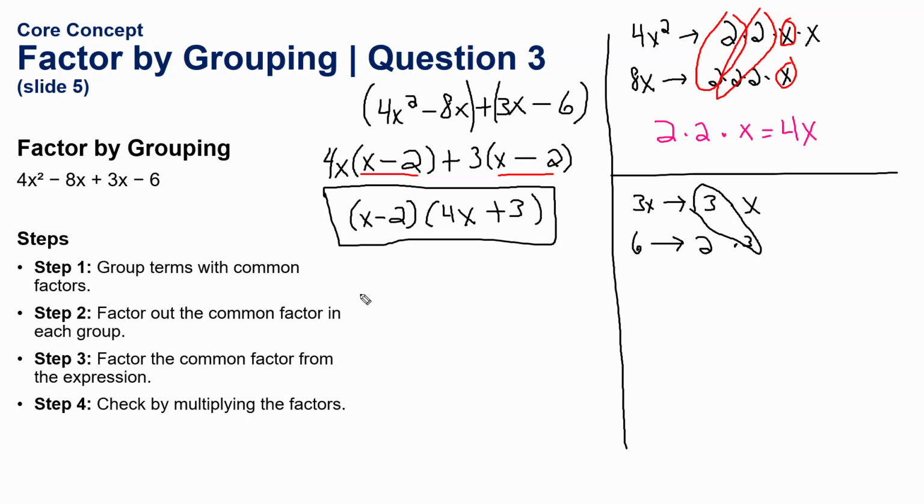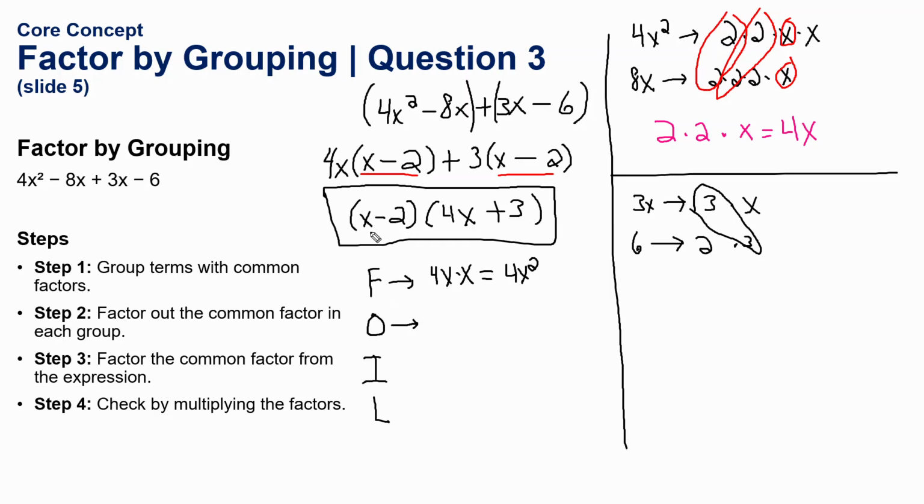If I went to check my work, step 4, check by multiplying the factors. Again, we can use the FOIL method to check. So we would do x times 4x, or 4x times x, which is equal to 4x squared.